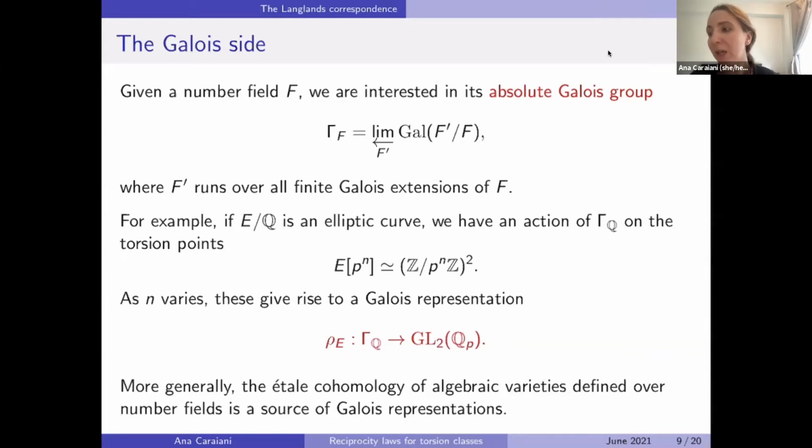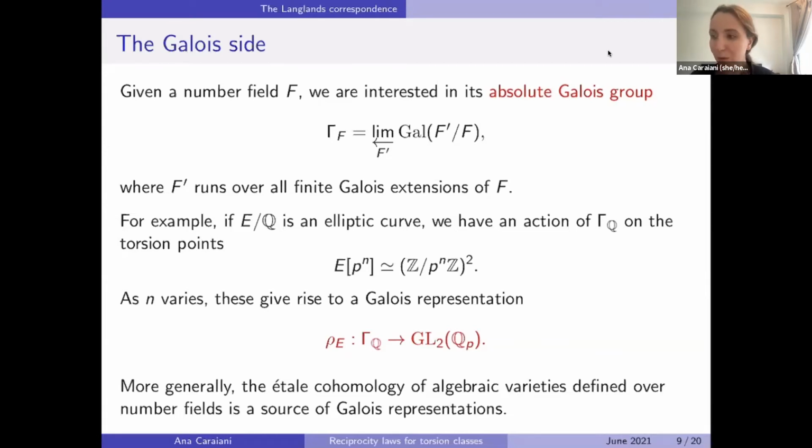And so a source of representations comes from algebraic or arithmetic geometry, really. So for instance, if you take an elliptic curve over Q, then this elliptic curve also has a group law that is defined over Q. And so you can make sense of p^n torsion points, and the coordinates of those torsion points, the x and the y, when you solve the corresponding equation, are going to be algebraic numbers.